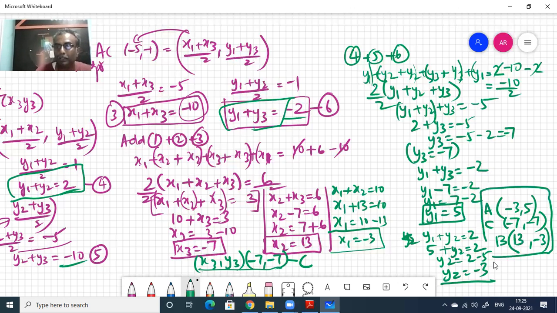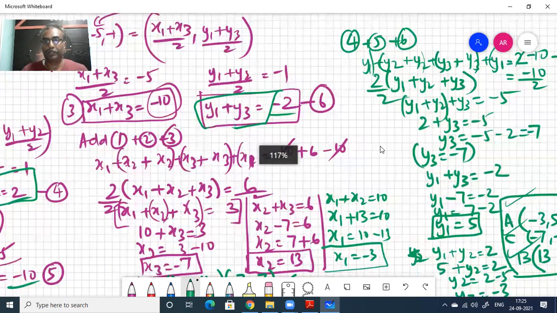So this is the final thing. Okay. Let us see if your textbook is also giving the same thing. Minus 3 comma 5, yes. C is minus 7 comma minus 7, yes. B is 13 comma minus 3, yes. You got everything correct. Okay. So what we can do?